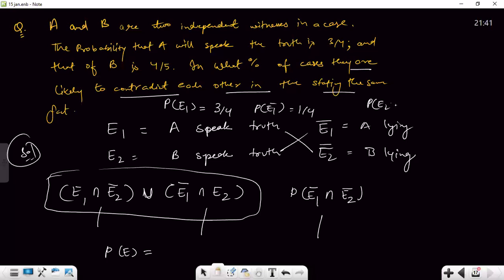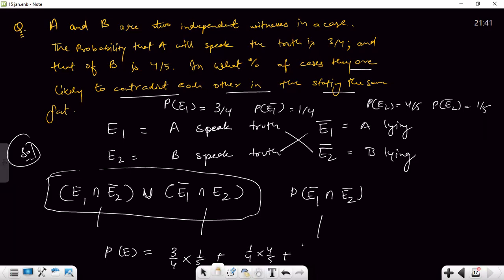Probability of E2 is given as 4 by 5. Probability of E2 bar is 1 minus 4 by 5, that is 1 by 5. Okay. When A is speaking the truth, 3 by 4, and B is lying, that is 1 by 5. Or when A is lying, probability 1 by 4, and when B is saying the truth, probability is 4 by 5.